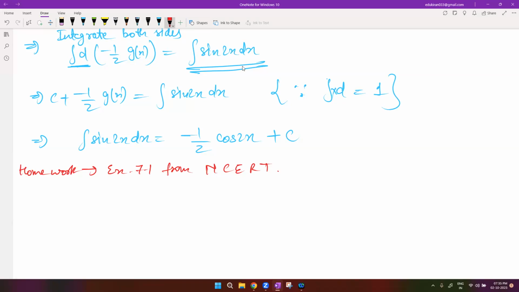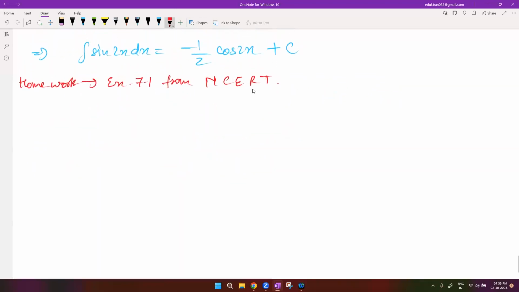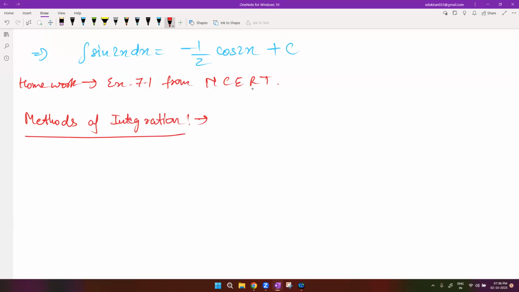This exercise will teach you the basic formulae, and you will be able to remember these 10 to 15 basic formulae for integration, which will be required during the whole chapter. So after this, let's work out how we approach integration. What are the different methods that we can use for integration?